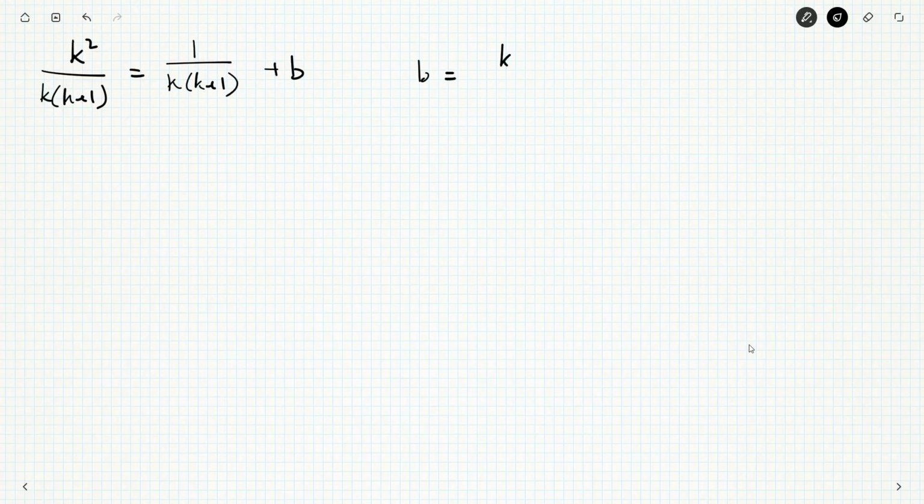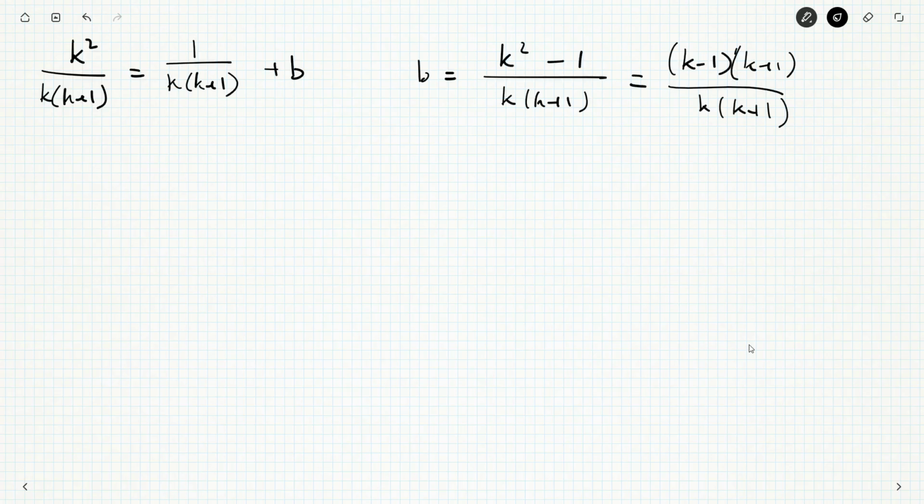So b is going to be equal to k squared minus 1 over k times k plus 1. However, k squared minus 1 can be factored into k minus 1 times k plus 1. And then those will cancel out because k plus 1 isn't 0, because k is not negative 1. So my b is k minus 1 over k.